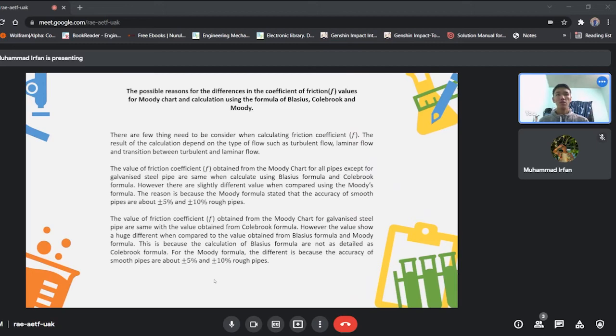However, the value shows a huge difference when compared to the value obtained from the Blasius formula and Moody formula. This is because the Blasius formula is not as detailed as the Colebrook formula. As for the Moody formula, the difference is because the accuracy is 5% for smooth pipes and 10% for rough pipes.